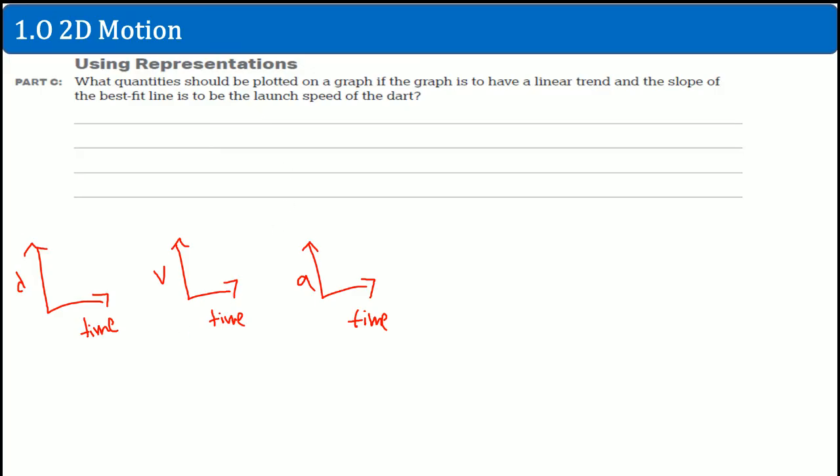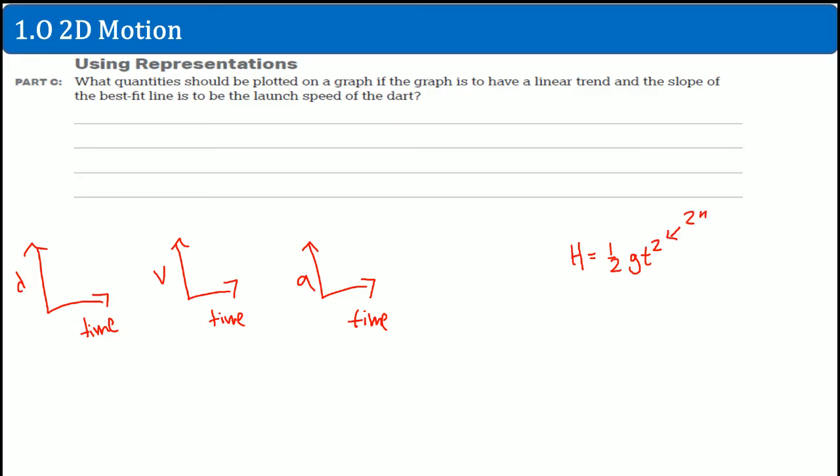If we have just graphed this, let me show you here. If we have just graphed this, we had what? h was equal to 1/2 g t squared. We had this step, right? If you would graph this, do you see how this is squared?